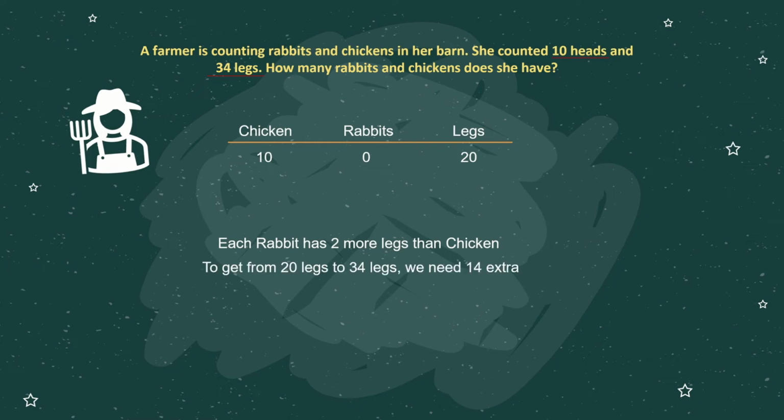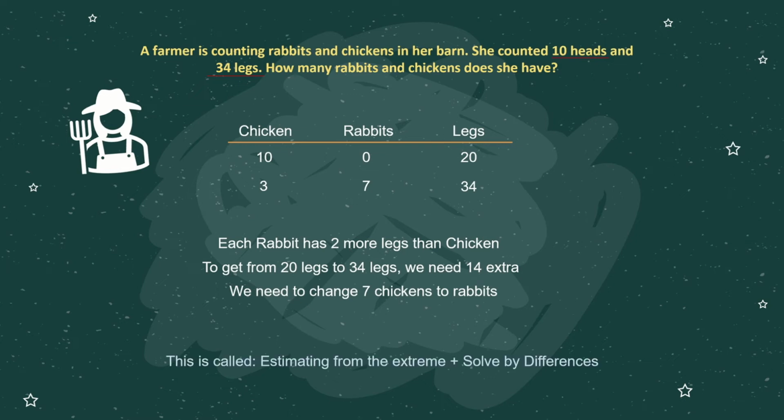And so, to get from 20 legs to 34 legs, we need 14 extra legs. Therefore, we need to change 7 chickens to rabbits to get those 14 extra legs. This means that we will actually have 3 chickens and 7 rabbits, and we'll see that this gives us 6 plus 28 equals 34 legs.